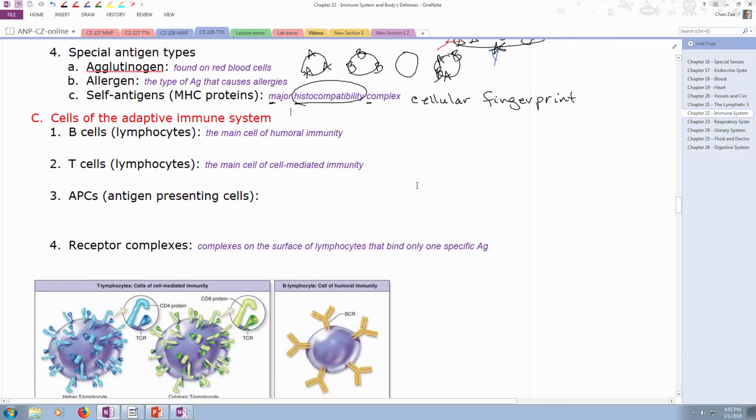Let's go on to now cells of our immune system or the adaptive branch. The B cells and T cells, they're both lymphocytes, but B cells are found in our fluids, and that's why we talk about that as humoral immunity. They become immunocompetent in the bone marrow.